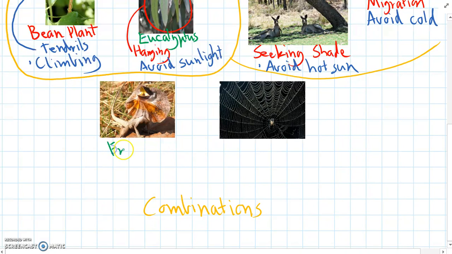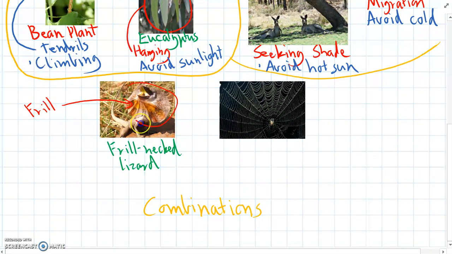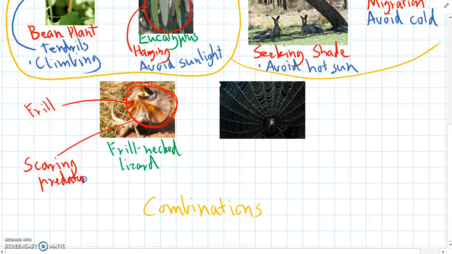So here we have a frill-necked lizard, whose physical adaptation is that it has a frill, but then as a behavior, it uses the frill as a way of scaring predators, or to fight with other frill-necked lizards as well.